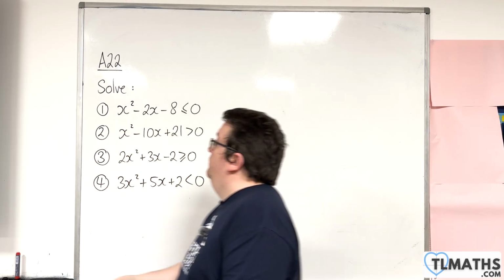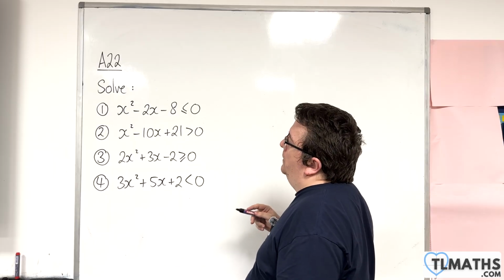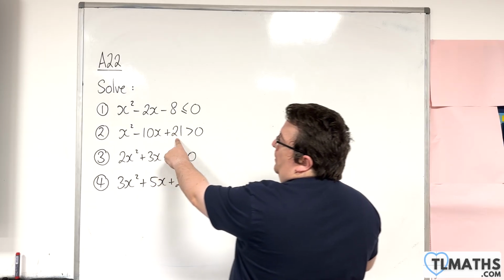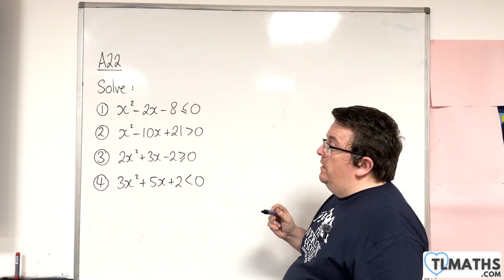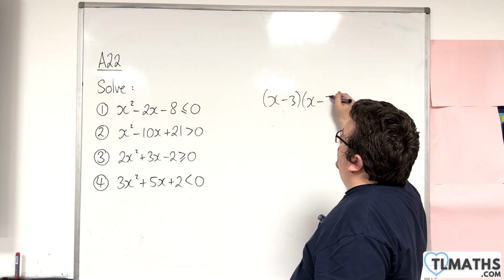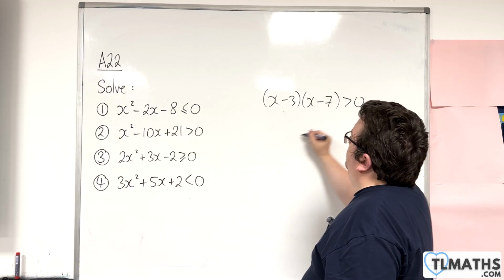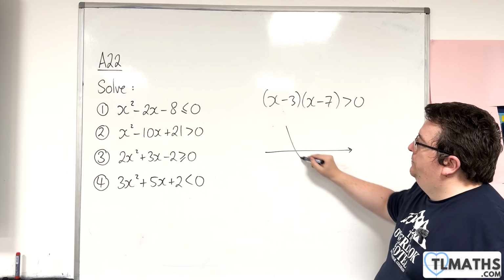So number 2, x squared take away 10x plus 21 is greater than 0. So we want two numbers that multiply together to make 21, but add together to make -10. That's -3 and -7. So (x - 3)(x - 7) is greater than 0. We know that this is a positive parabola.